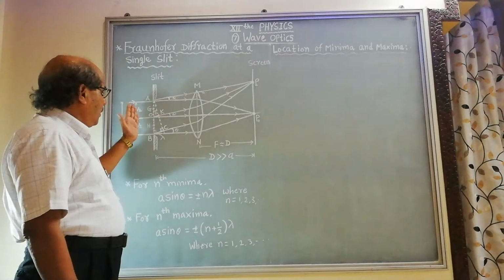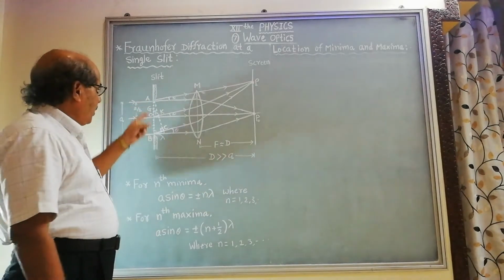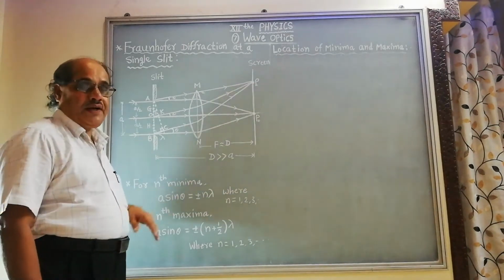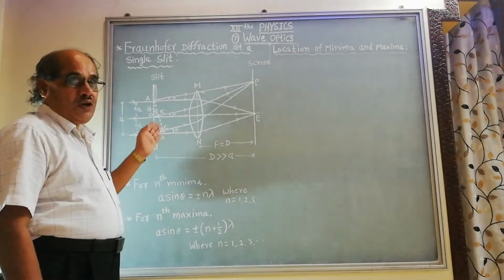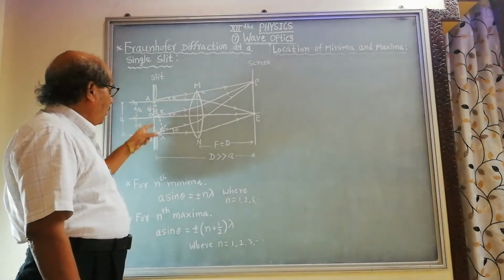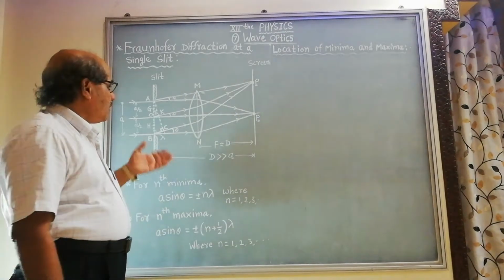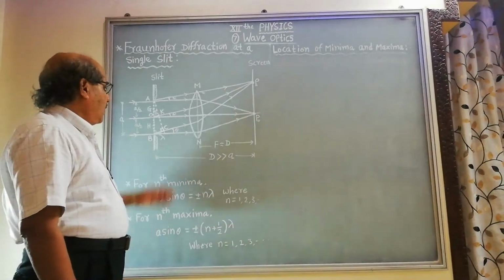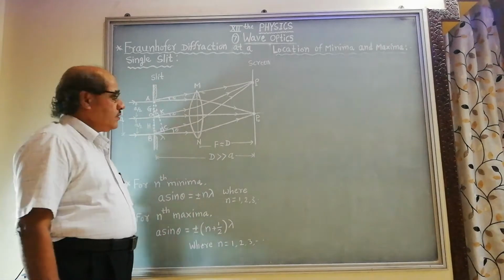So when the plane wavefront touches the slit AB, each and every point on AB acts as a secondary source of light, and it will start emitting the secondary waves or wavelets. So all the points become secondary sources of cylindrical wavefronts, and those wavefronts travel in all possible directions.